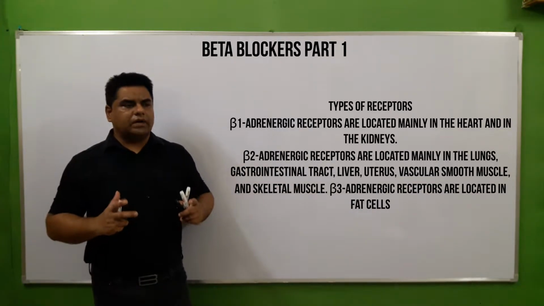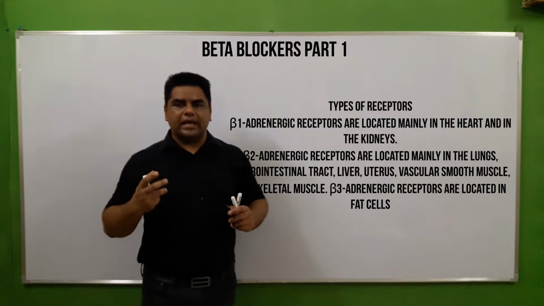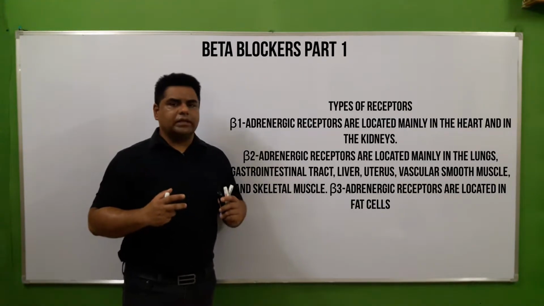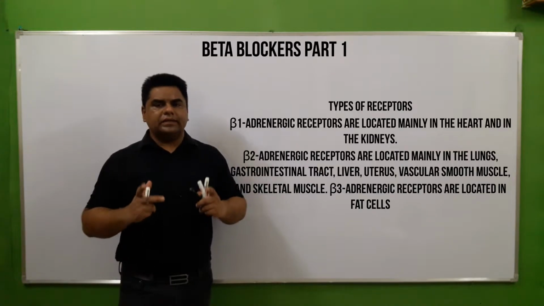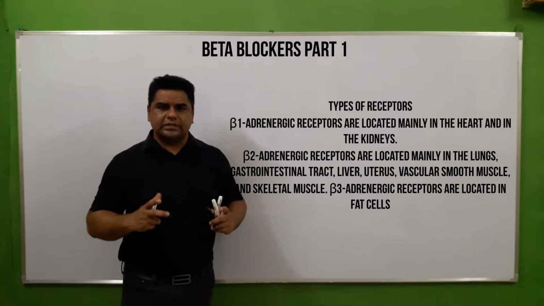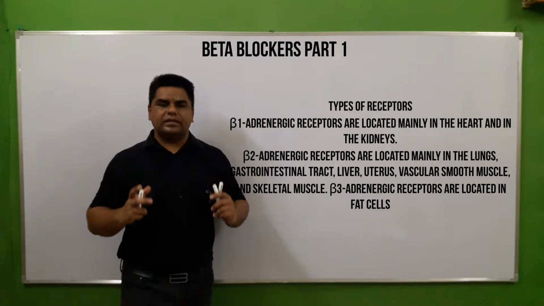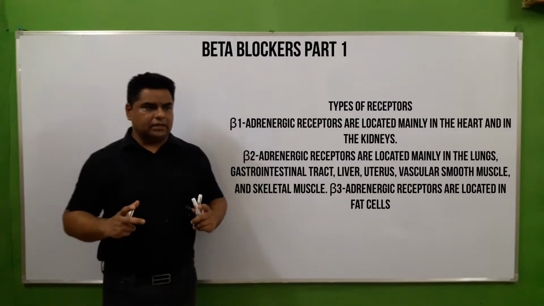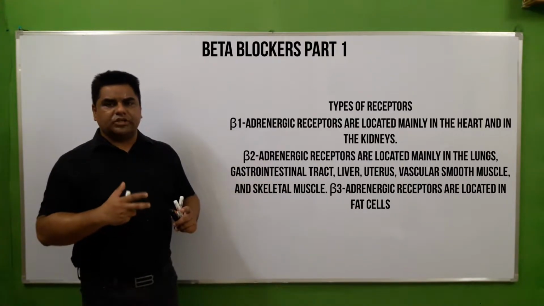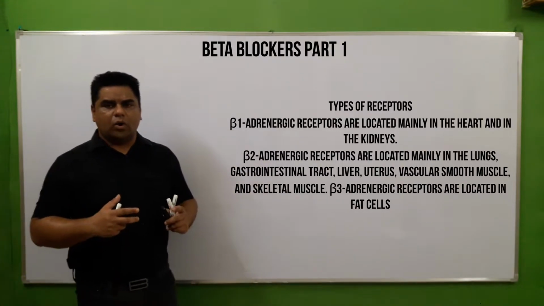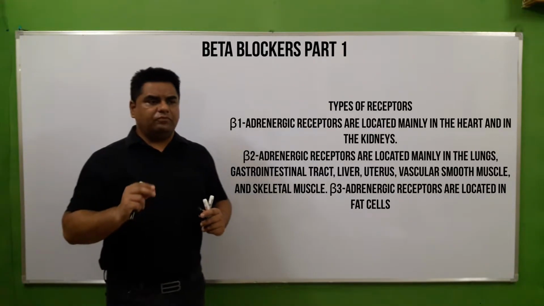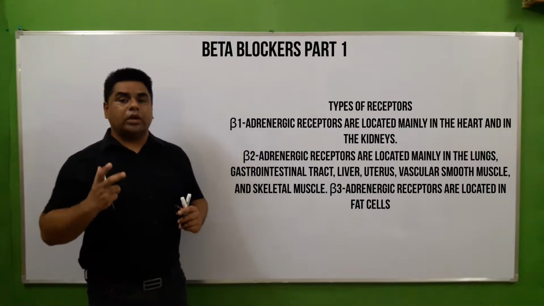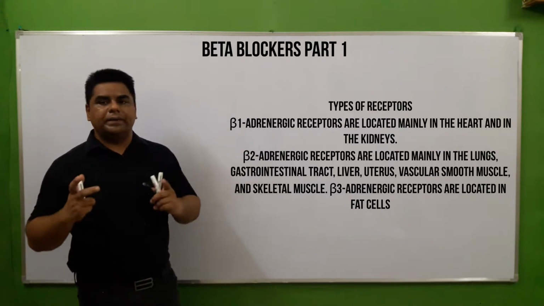Beta 1 receptors are located mainly in the heart and the kidneys. Students, please note, beta 1 receptors are primarily located in the heart and kidney. We will discuss shortly how it works, but every student should be clear about the location of beta 1, beta 2 and beta 3.